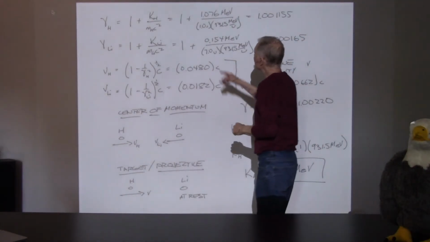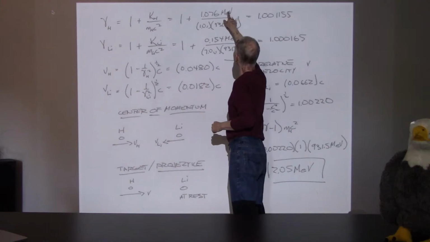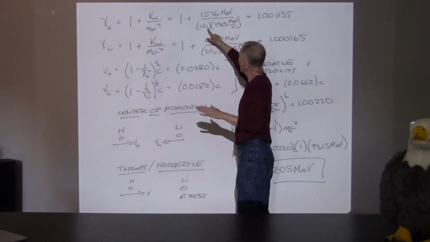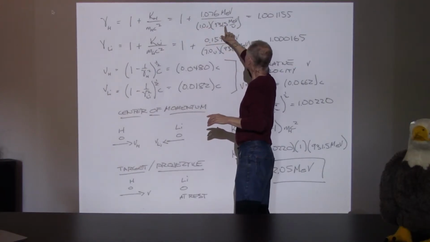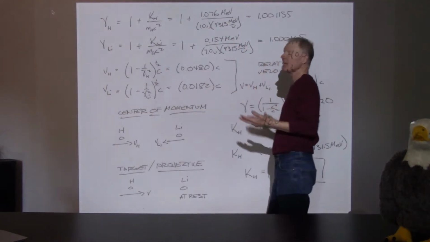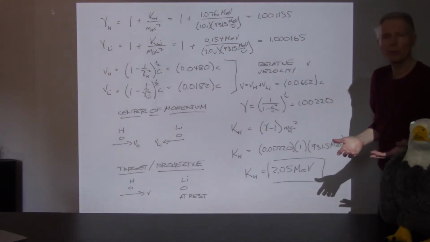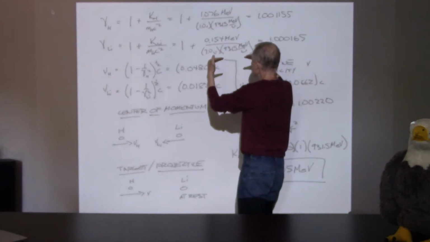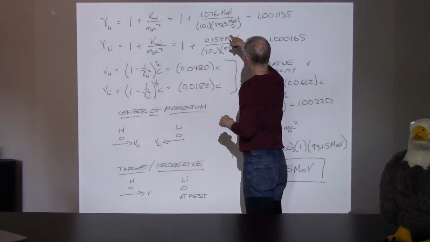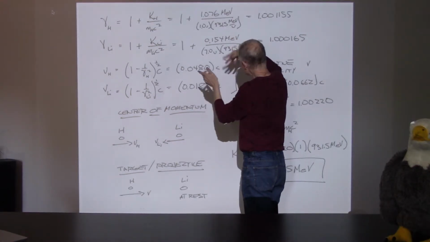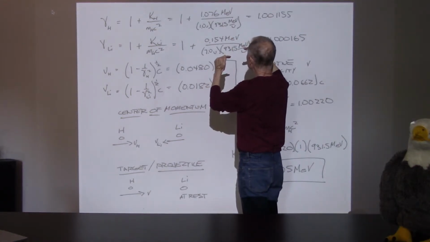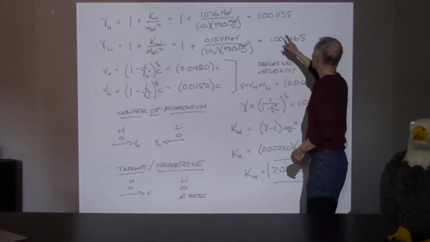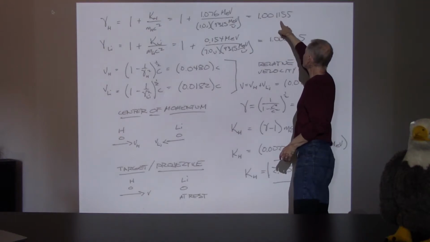And to divide through by the mass of hydrogen, I need units to cancel here. So atomic mass units won't work. I have to get those converted into MeV, but I know how to do that. I can use the 931.5 conversion. So in the denominator now, I have the 931.5 MeV conversion, and so that final answer will be in MeV. And I ended up with 1.001155 for gamma.